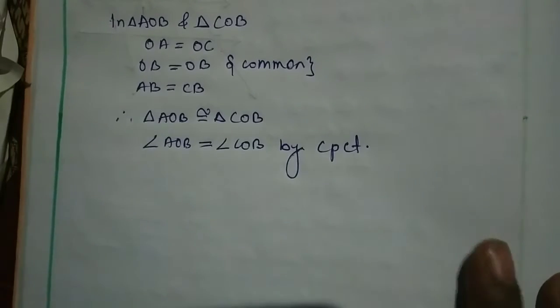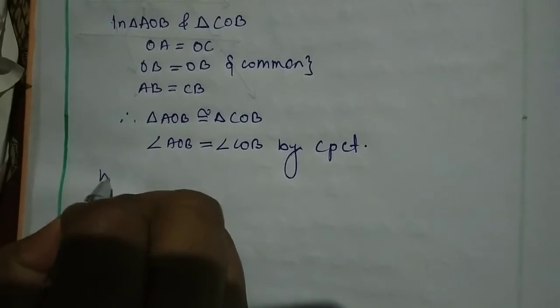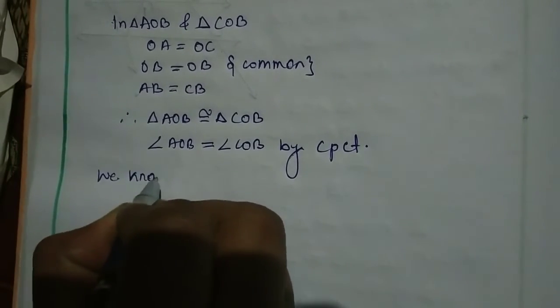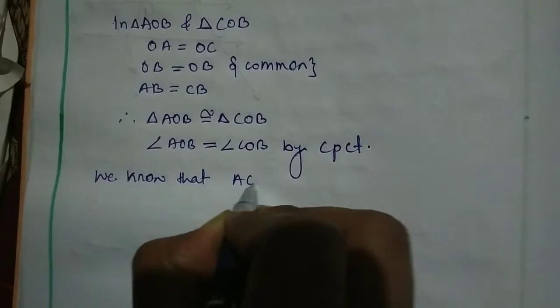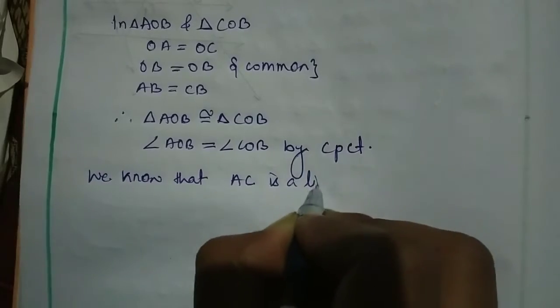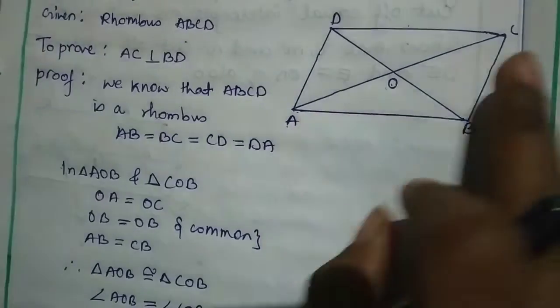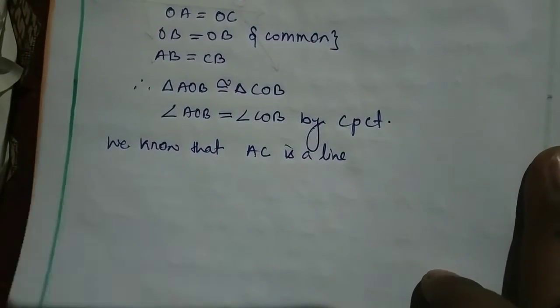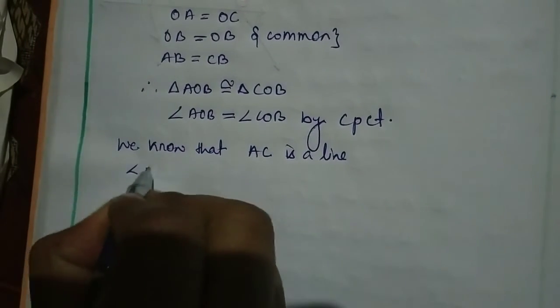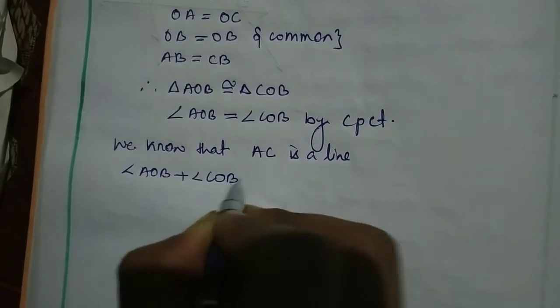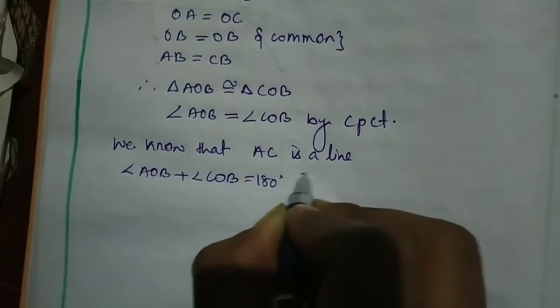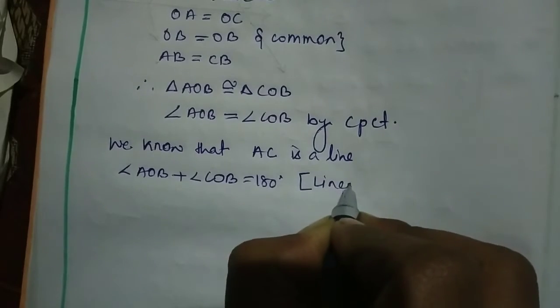Now we know that AC is a line, so angle AOB plus angle COB equals 180 degrees, as this is a linear pair.